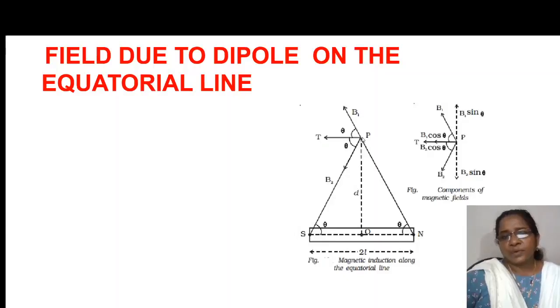Now, at this point, you have two vectors B1 and B2. B1 is resolved into a perpendicular component B1 sin theta upwards, and B1 cos theta towards the left. Then B2 is resolved as B2 sin theta downwards, and B2 cos theta leftwards. The sine components, being equal and opposite, cancel each other, and the cosine components, being in the same direction, add up.